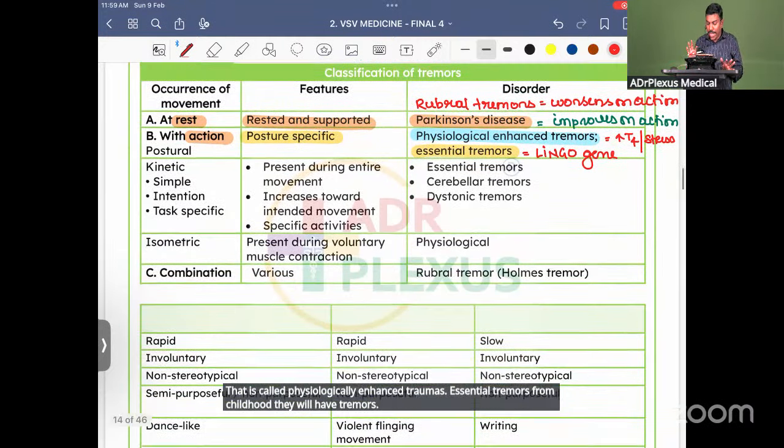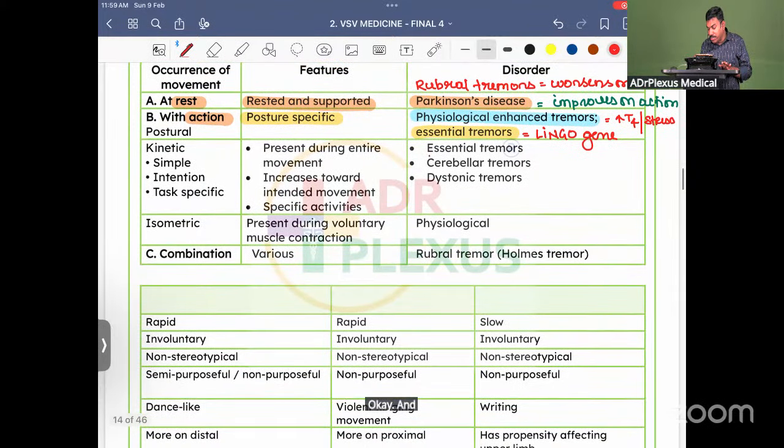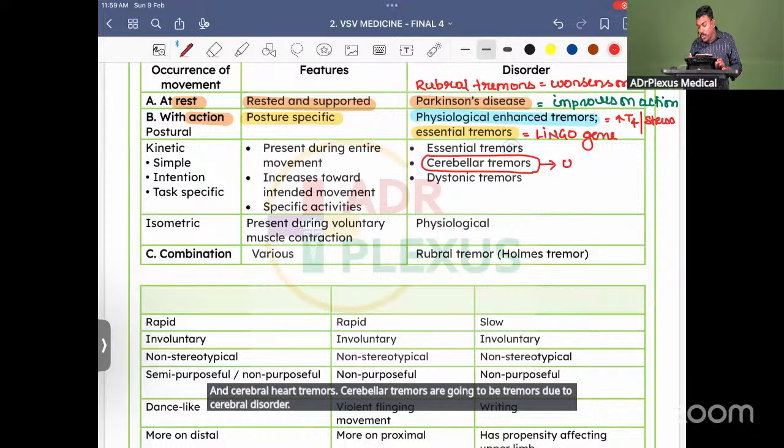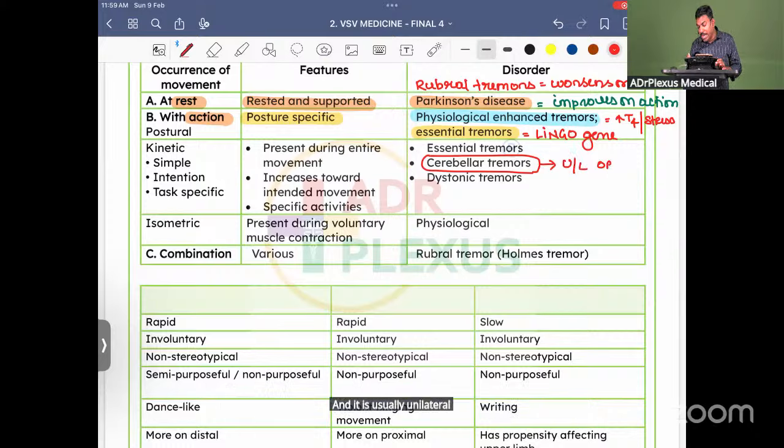And cerebellar tremors. Cerebellar tremors are tremors due to cerebellar disorder, and it is usually unilateral or bilateral. If you see cerebellar tremors, they are increased on reaching the target.